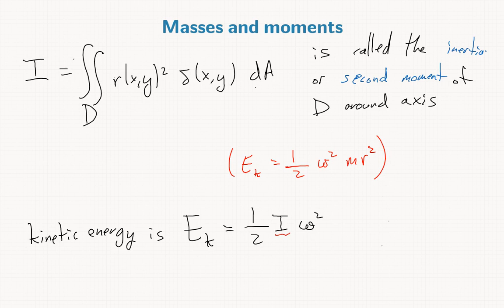So this I is acting as a replacement for this m r squared, but once we have that, the rest of the equation looks the same. In general, this is called a moment, or the second moment, because of the power 2 here.